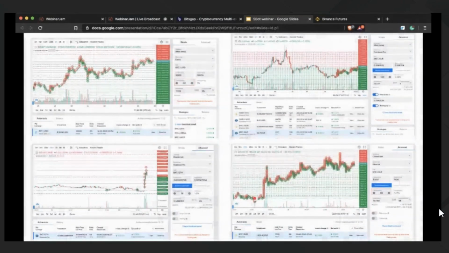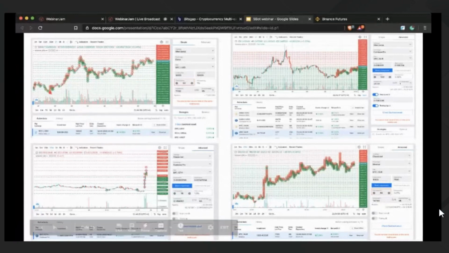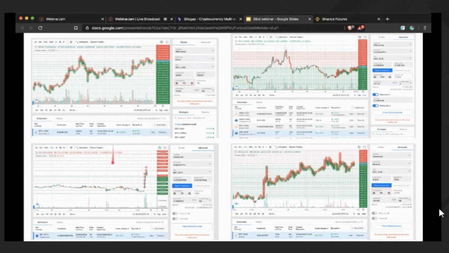Here's the example. You see, this is the uptrend formation. And you see buy orders, which are represented by green circles, and sell orders that are represented by red circles. As the price moves upwards, you see that the investment change here is around 14%. So that takes into account the bot profit.